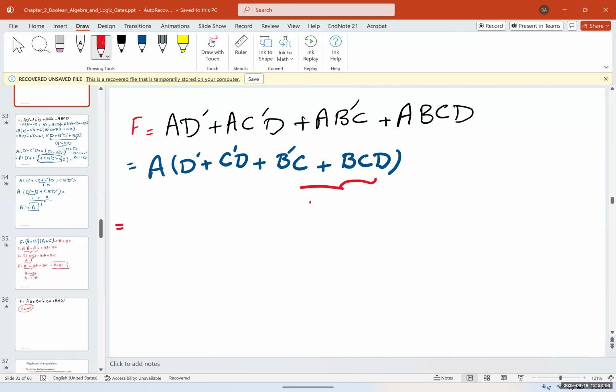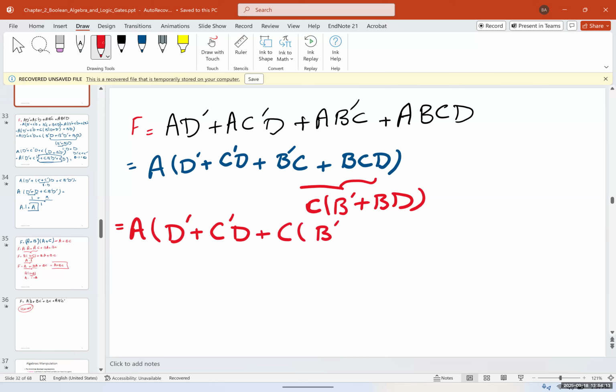Let's do these two first. So this is going to be C times (B prime plus BD). So it will be like this: A D prime, C prime D, plus C times (B prime plus B D).